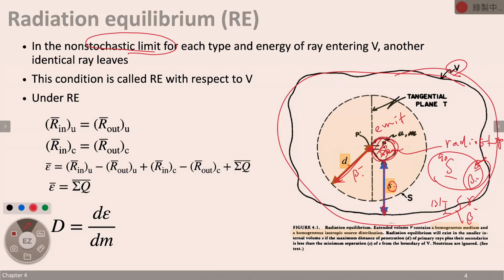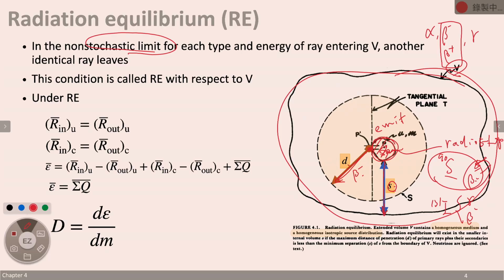So you must check the source and the source emission, what kind of radiation. It may emit alpha, beta minus, beta plus, and gamma, right? Then you check the charged particle equilibrium, because this exists, this also exists.